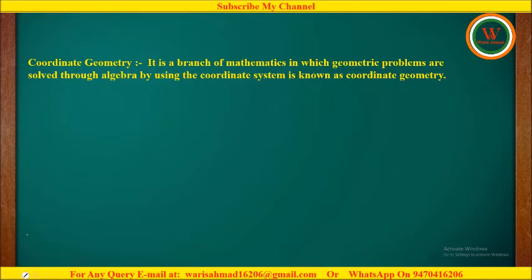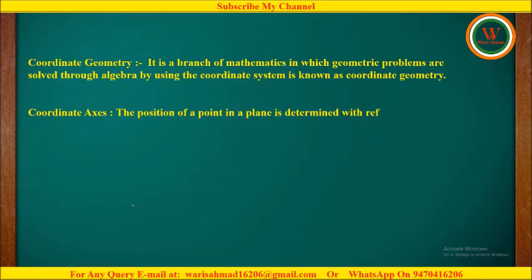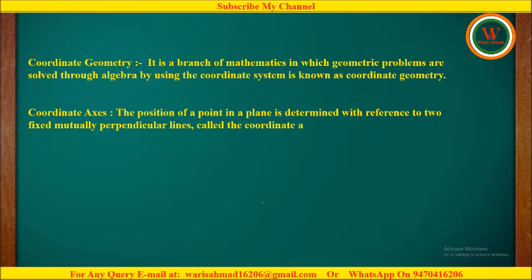Now, the next topic of this chapter is coordinate axis. The position of a point in a plane is determined with reference to two fixed mutually perpendicular lines called the coordinate axis. It means that suppose we have one horizontal line and a second, vertical line.